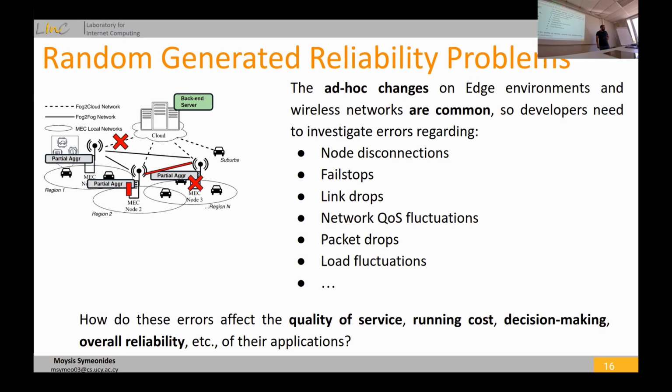So except from the mobility patterns and the mobility issues, we have many other faults and uncertainties in such environment. Basically, in a geo-distributed environment, we have increased possibilities for node disconnection, node failures, link drops, degradation of network QoS, packet losses, and load fluctuations.